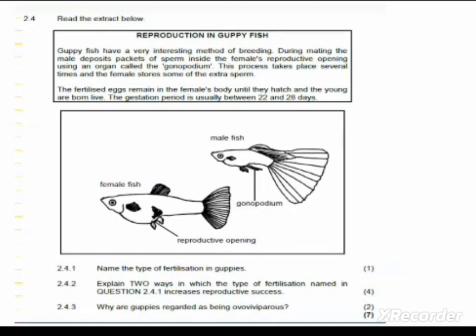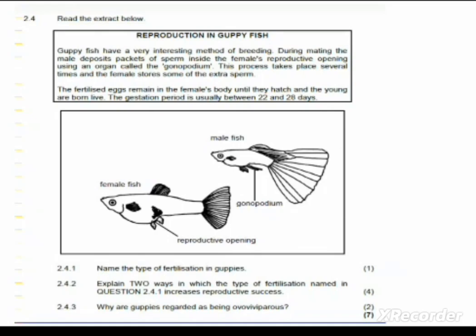The fertilized eggs remain in the female's body until they hatch and the young are born live. So the eggs remain in the female's body. So we can tell that this is ovoviviparity because the eggs are not laid.